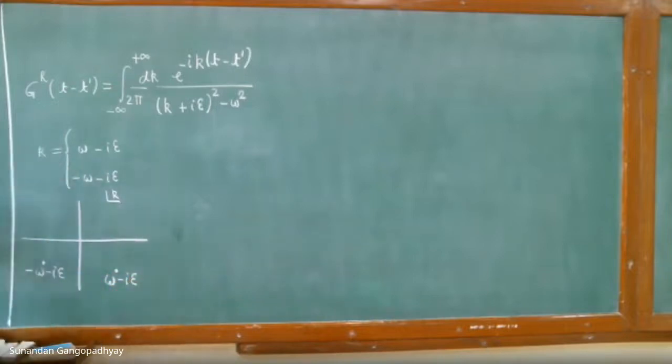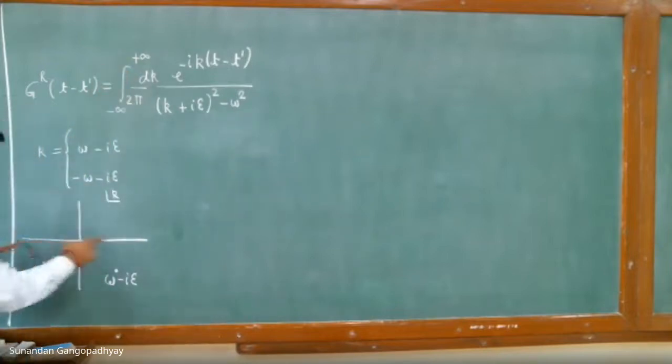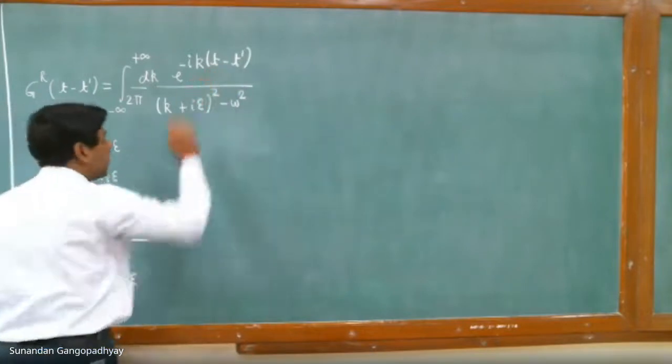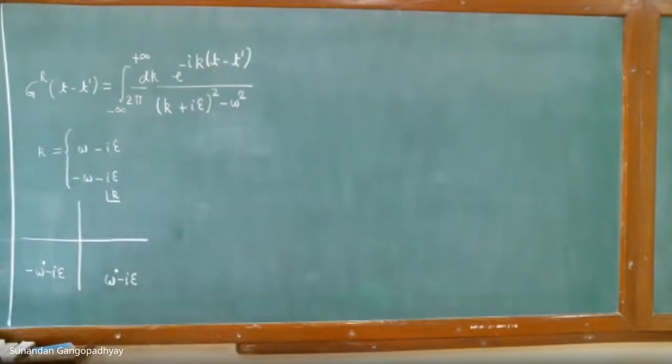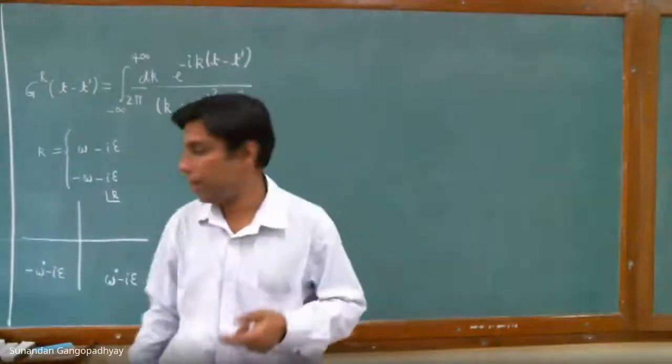So both the poles, we can see that they are downstairs, and we need to do this integral. So we move along this line, and depending on the sign of t minus t prime, we have to decide whether to close the contour in the lower half plane or the upper half plane.